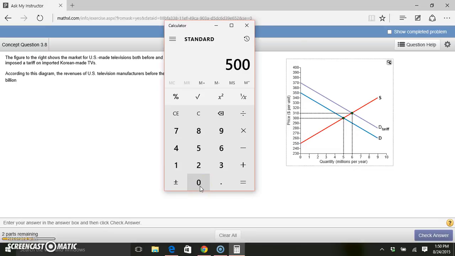Let me just go ahead and put the zeros in there. 5 million. I think I said 500 million. Whatever, you get what I mean. 5 million is what it shows on the graph. So they sold 5 million TVs. So I put in my 5 million times they made $300 per every TV. So 5 million times 300 will tell us how much money they made, right? Makes sense.